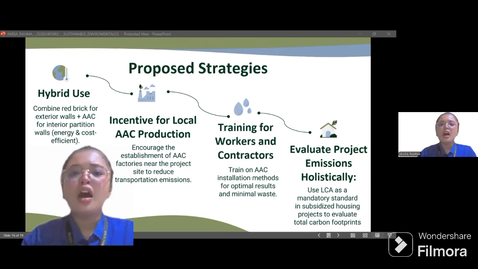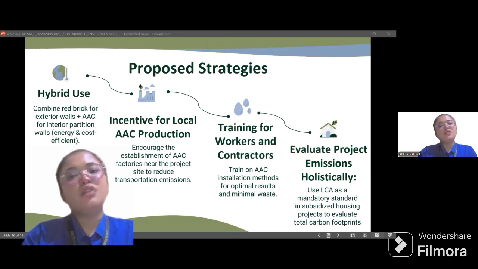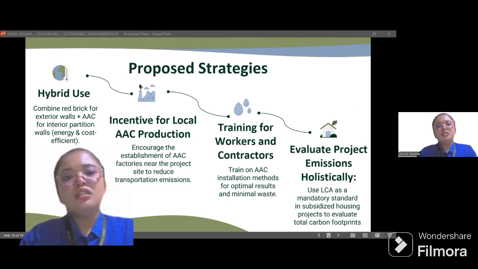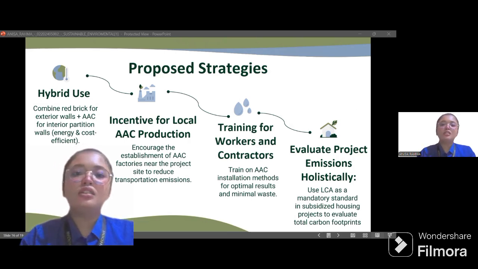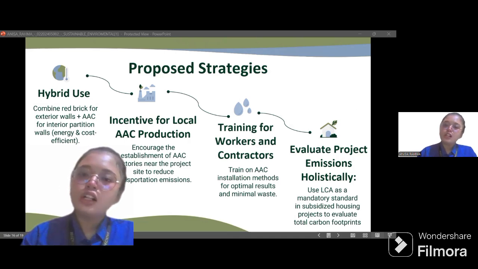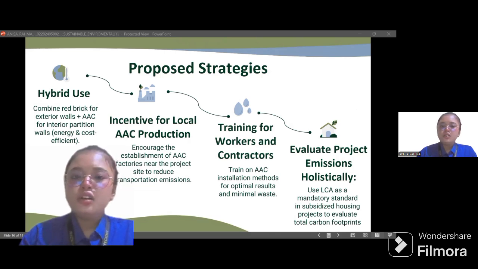Training can be provided through practical LCA models for masons, so they understand the environmental consequence of waste. Construction waste and labor efficiency are part of the construction and waste management path in the LCA framework. Training can reduce impact in categories such as global warming potential, cumulative energy demand, or photochemical ozone creation potential.